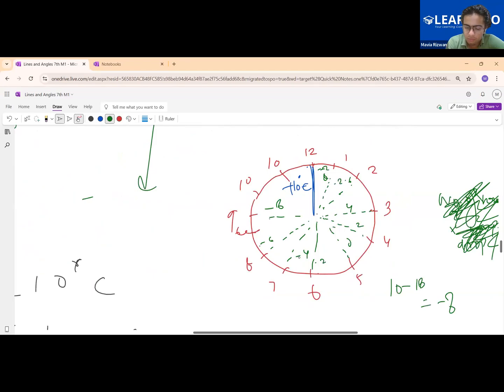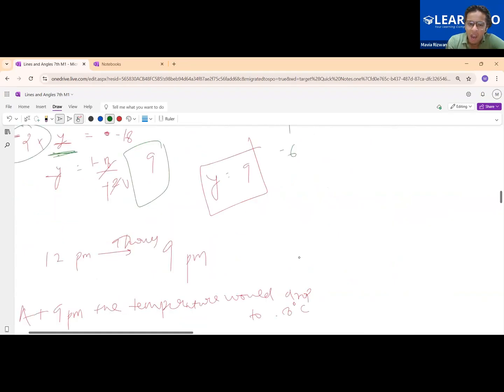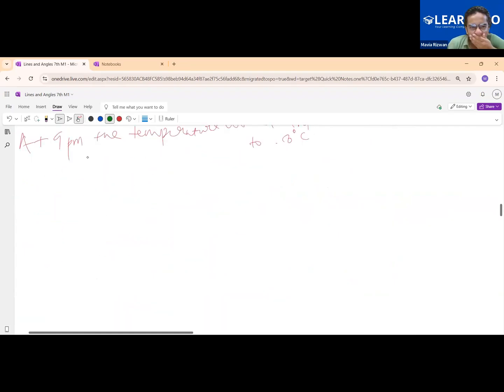Yes, sir. Okay. Now they are asking what would be the temperature at midnight. Guys, from 12 p.m. to 12 a.m., how many hours? 12 hours, right? Very simple. Now in 1 hour the temperature drop is minus 2, so in 2 hours it would be minus 4, in 3 hours 2 into minus 2 into 3.